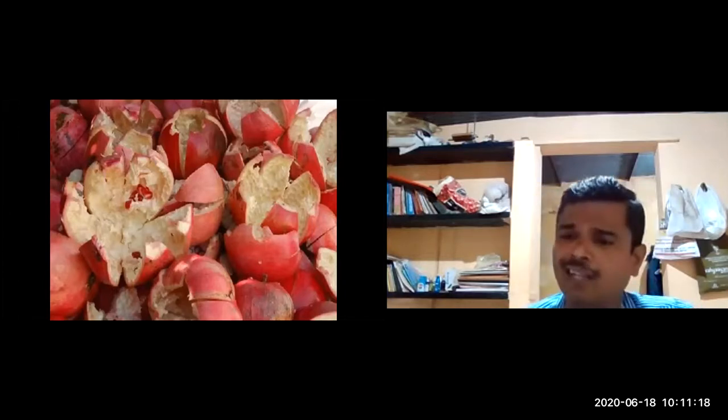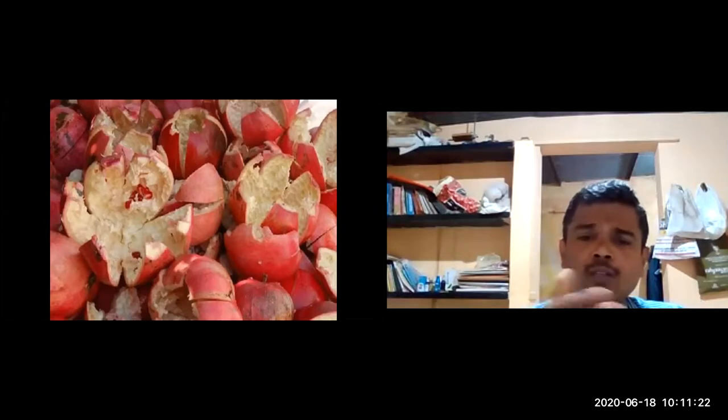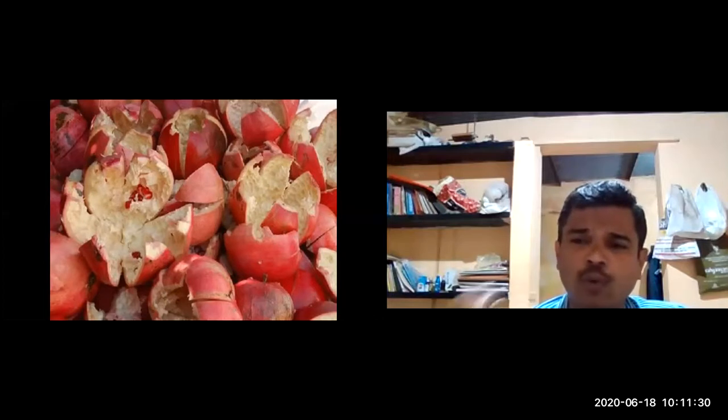Even the seeds are used in preparing medicines, but mainly the dadima falatwak we are not using in most of the conditions. Only we are using it as a seed, but most of the medicinal value is present in this part, that is valkala, the outer part of the fruit, valkala phala.